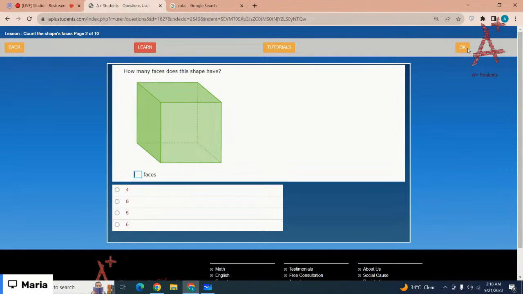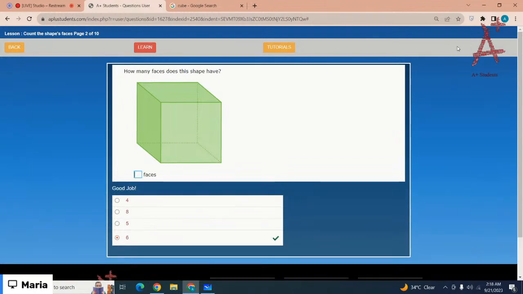Yes, the correct option is that it is a cube, and a cube has 6 faces. The correct option is 6. Very good.